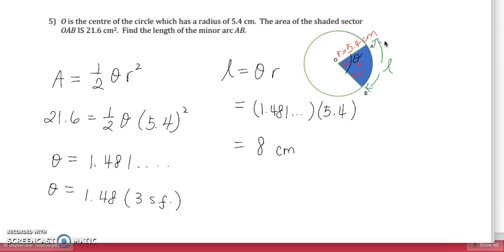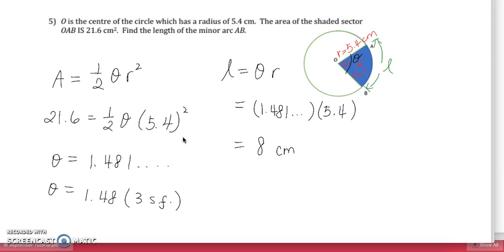Okay, so right here we're looking for L. You just need to be familiar with your formula booklet in a lot of ways for this question. You know that there is a formula for area of a sector, which is area equals 1/2 theta times r squared. And there is a formula for calculating the length of an arc, which is theta times r.